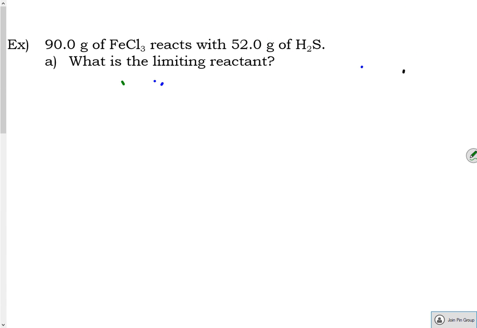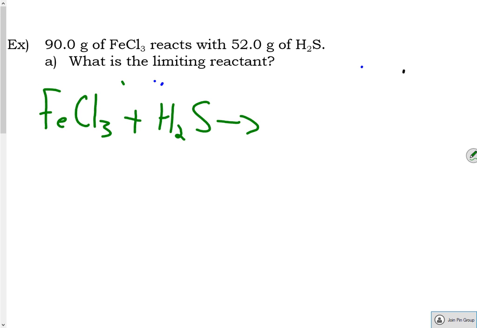Okay, so this is the second example. 90 grams of iron chloride are reacted with sulfuric acid. What is the limiting reagent? Okay, so remember, you write out your equation. So this is going to be iron 3 chloride plus H2S. This is just going to be a straight double replacement reaction.